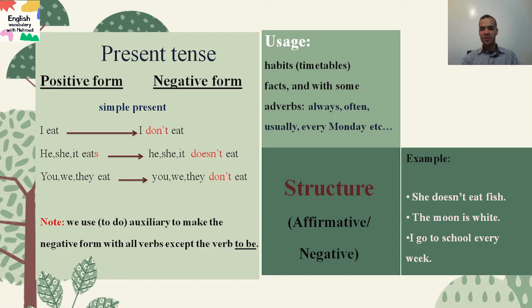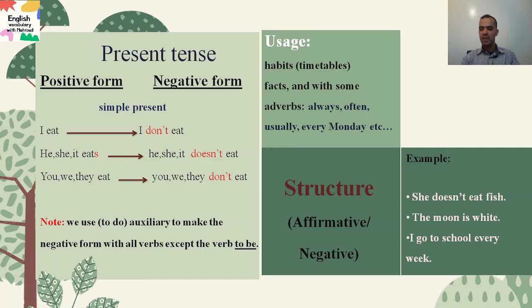The moon is white. Of course, the moon is white, but the moon is not blue, is not black. So it's a fact. The moon is white. So this is a fact. So we use the simple present to state a fact. I go to school every week. Again, we talked about the adverbs like always, often, usually, every Monday.